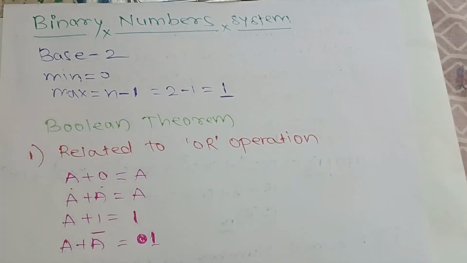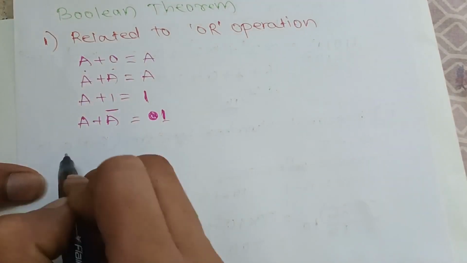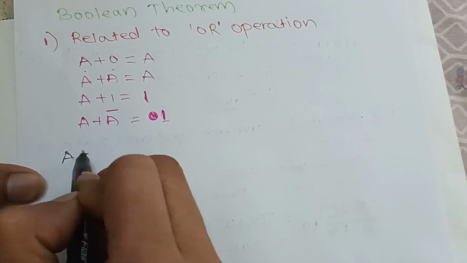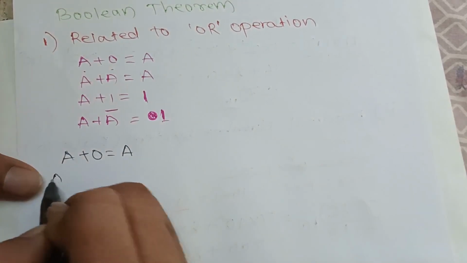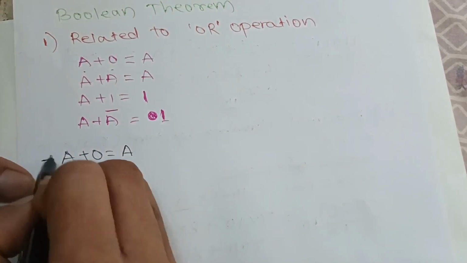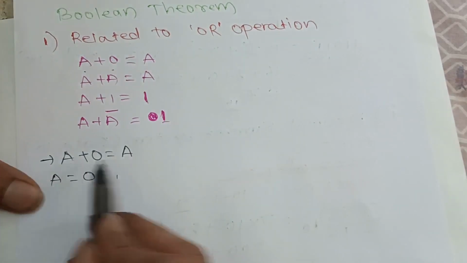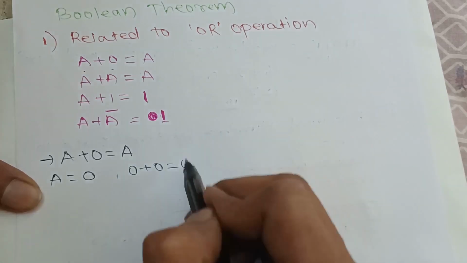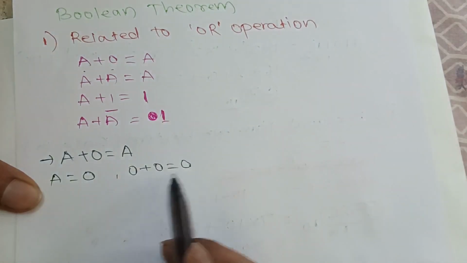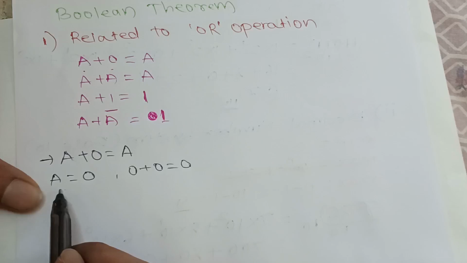We'll see one by one how the theorems can be used. Suppose the first one says a plus 0 is going to be a. Okay, so take a as 0. If you put a equal to 0 in this equation, 0 plus 0 is going to be 0, right? 0 plus 0 is going to be 0. 0 is nothing but our a value, which we considered earlier.